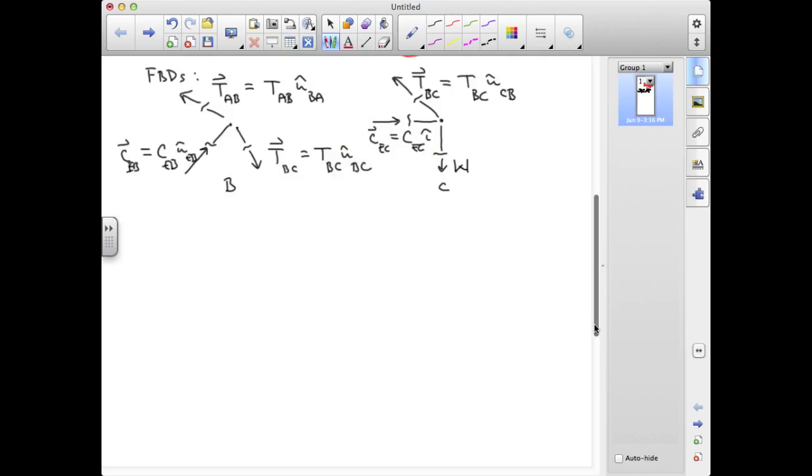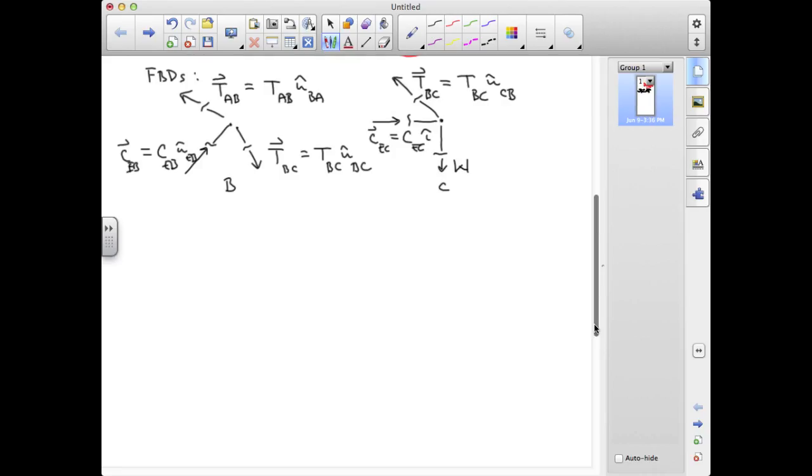So in these two free body diagrams, I have a total of 4 unknowns. I have the compression in EB, the compression in EC, the tension in AB, and the tension in BC, and we're seeking to find each of these as a multiple of the weight W. It's easiest for me to employ equilibrium by starting with joint C, because there I have just 2 unknowns, the compression in EC and the tension in BC, whereas joint B, for the moment, has 3 unknowns.